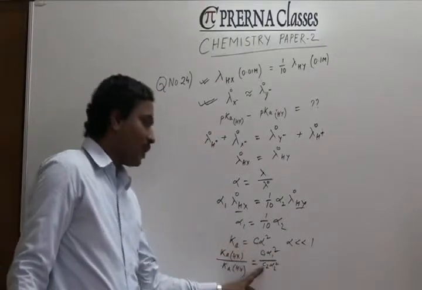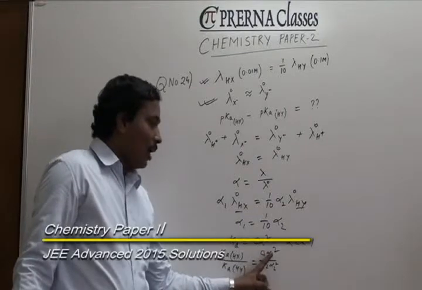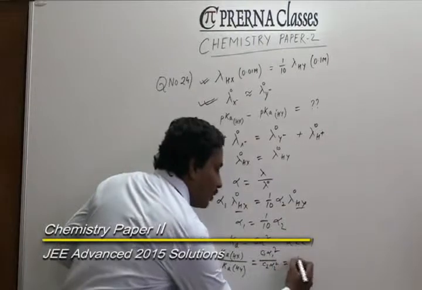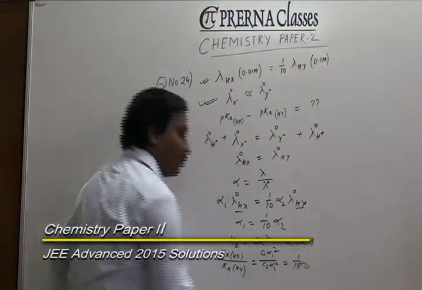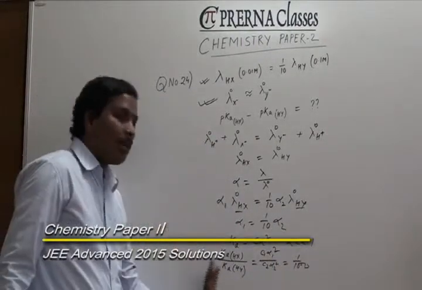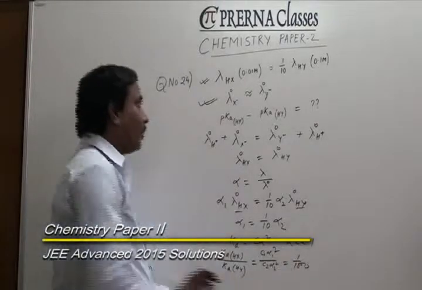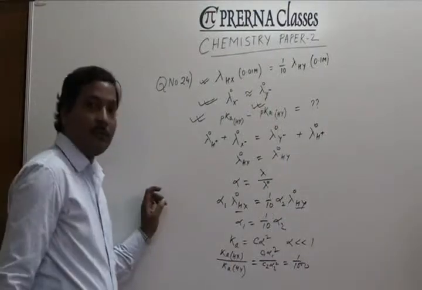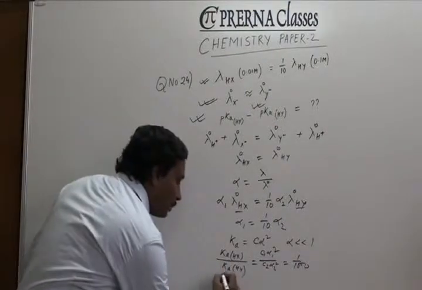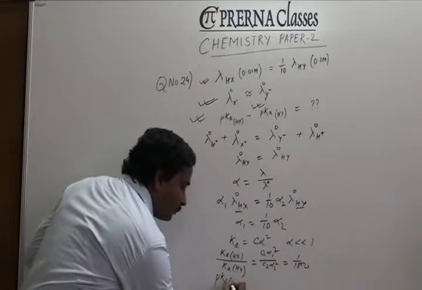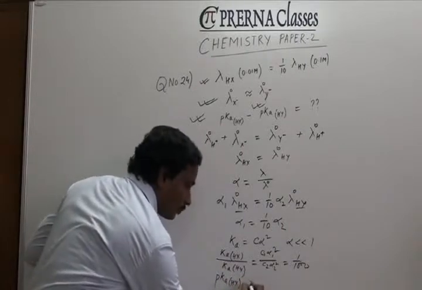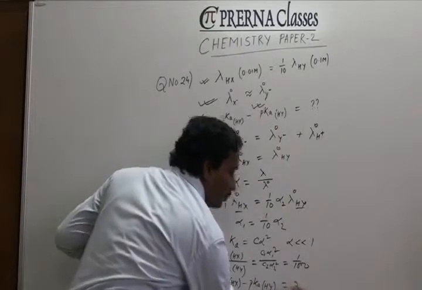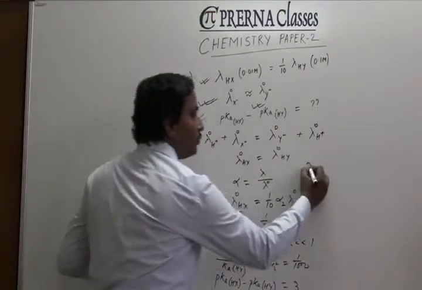Putting the values of C1 and C2, and alpha 1 by alpha 2 is 1/10, we get it is equal to 1/1000. Now taking minus log to base 10 on both sides, we get pKa of HX minus pKa of HY should be equal to 3. So the answer is 3.